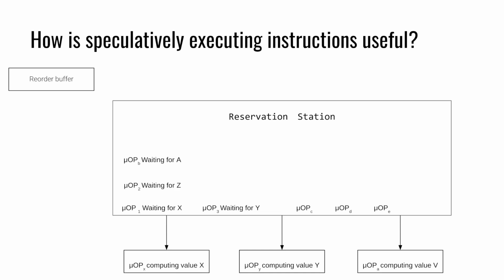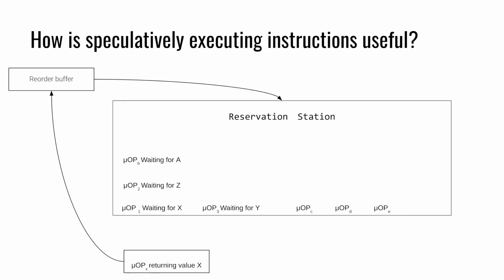The reservation station will release multiple microcode bits out to go perform a calculation. Here we see that there's 3, and this is arbitrary. There's 3 pieces of microcode that have left the reservation station and they're going to go compute a value.